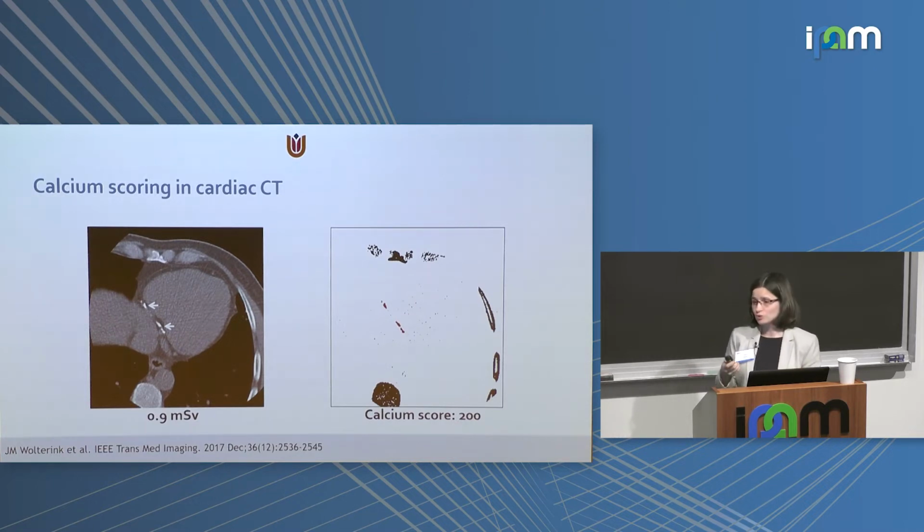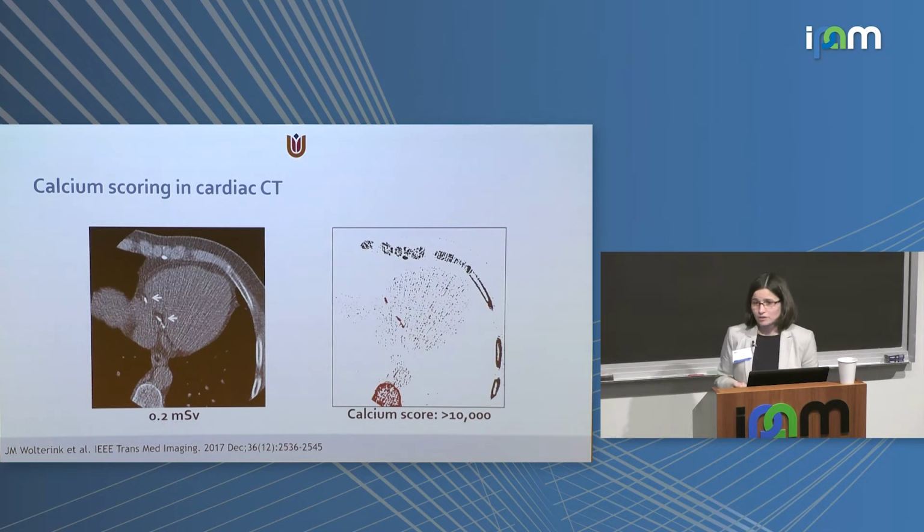Calcium, well, it is always good to reduce radiation dose to patients and go lower, but especially if you would want to use CT as a screening tool for identification of subjects who are at risk of cardiovascular events, and this is something that has been discussed for the past years, it would be desired to reduce the dose. Then we had a study in which the dose was reduced 4 times to 0.2 millisieverts. And now you see that this image is very noisy, and in case of calcifications, in this case, it is relatively easy to see what we are looking for.